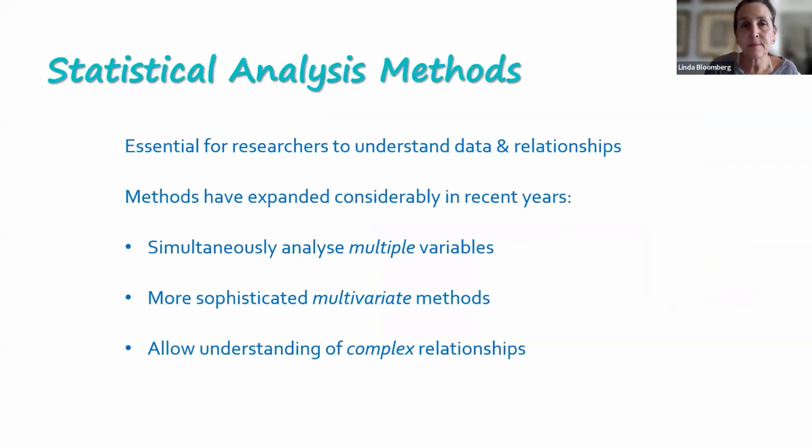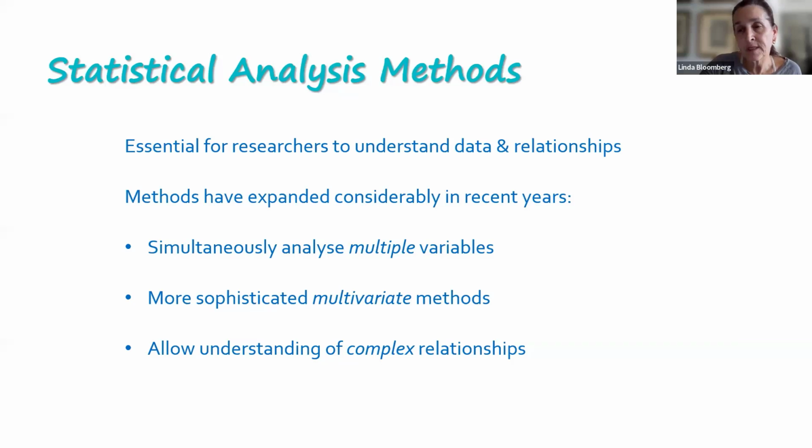Statistical analysis methods are essential for researchers to understand data and relationships, and the methods for statistical analysis have expanded considerably in recent years. There's a lot of talk about simultaneously analyzing multiple variables. There are more sophisticated multivariate methods. And all of these allow an understanding of complex relationships.